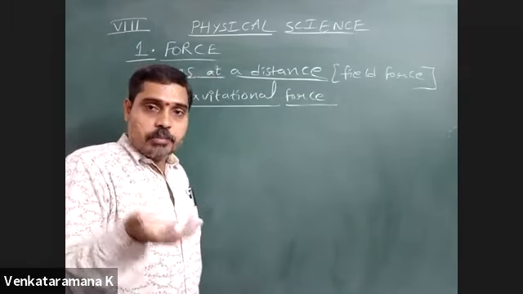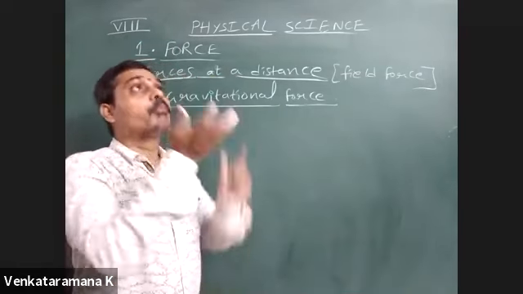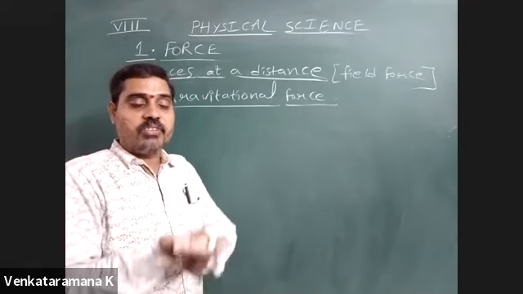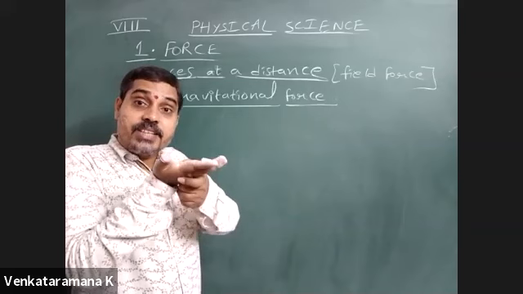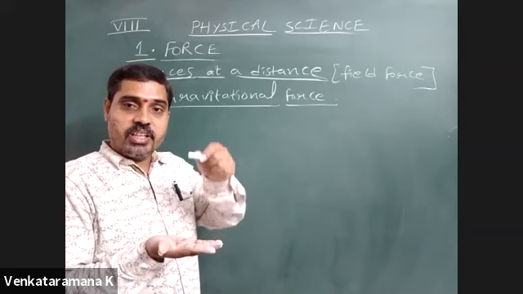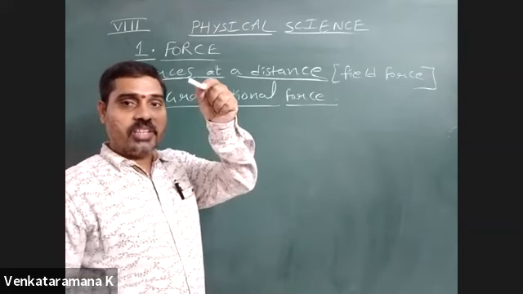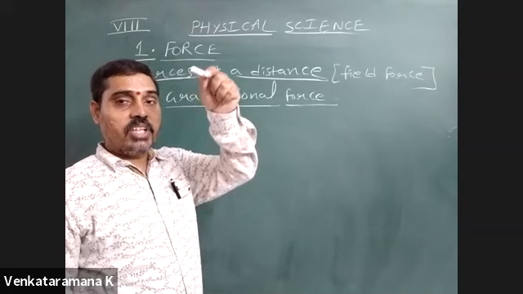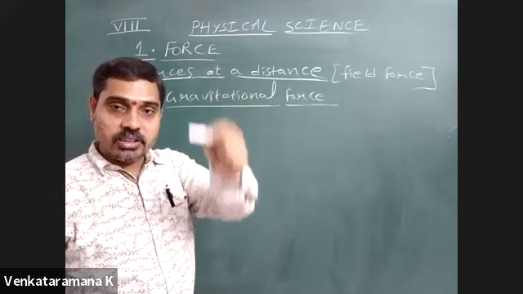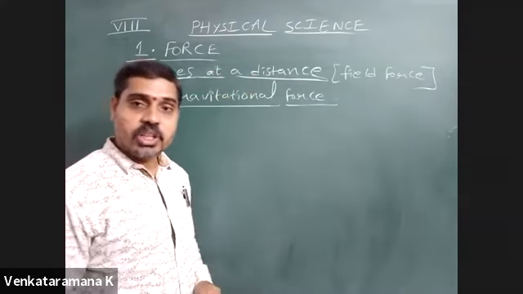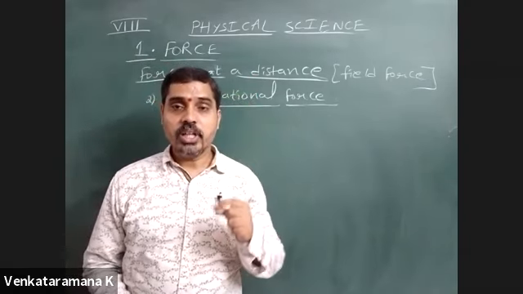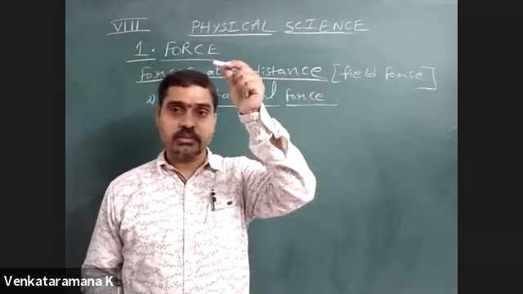Or if I throw this chalk piece upwards by giving a certain initial velocity, then as long as it has velocity, it will move upwards against the earth, and whenever it reaches a certain maximum height, it starts falling to the ground. Now the question is, why does it fall onto the ground? Why can't it go away from the earth?